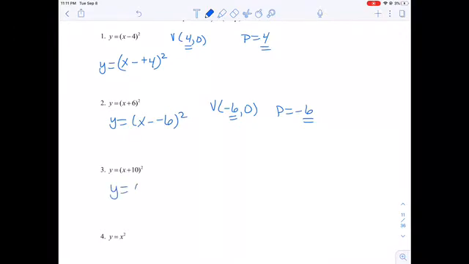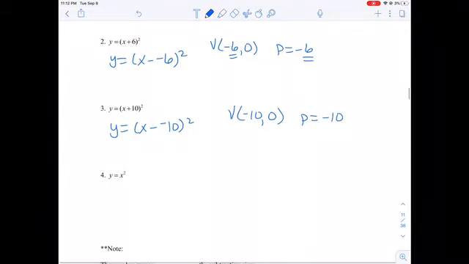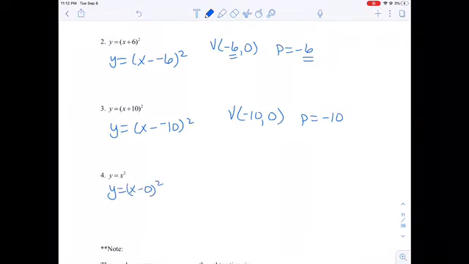Okay, y equals x minus negative 10 all squared. Our vertex is negative 10, 0, and our p-value is negative 10. And then this last one, of course, our p-value, right, we've subtracted nothing. This is the same as y equals x minus 0 squared. So our vertex here is 0, 0, and our p-value is 0.